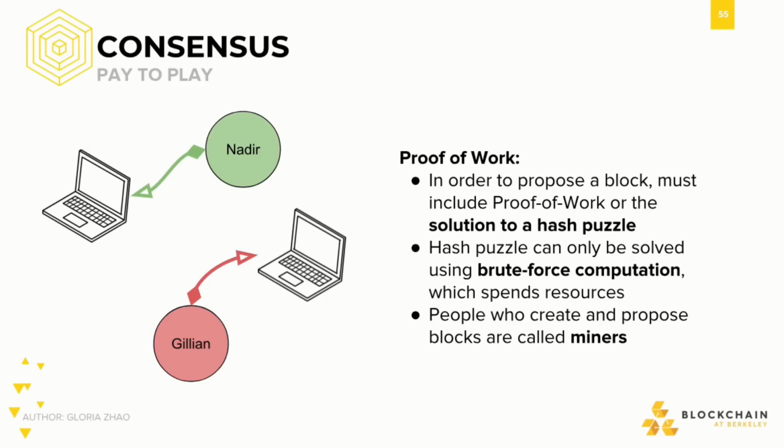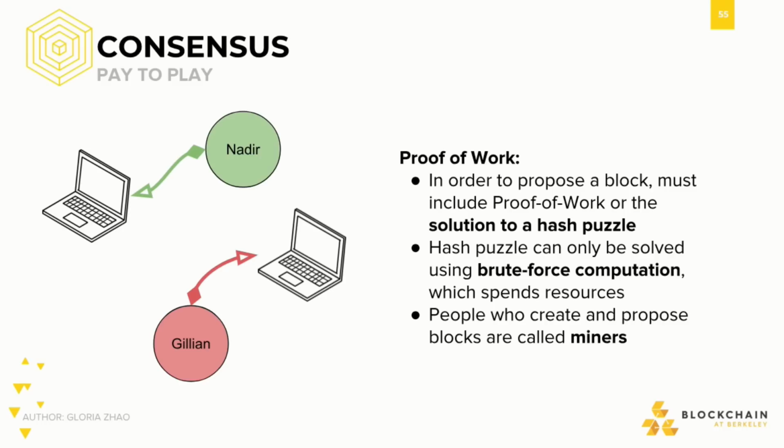And so you need to provide a solution to a hash puzzle. So you compile all your transactions into a block, and there's all your transactions. You also need to provide a proof of work. Without this proof of work, your block is not valid. And the way you provide this proof of work is you solve a cryptographic hash puzzle. This hash puzzle can only be solved through brute force computation.